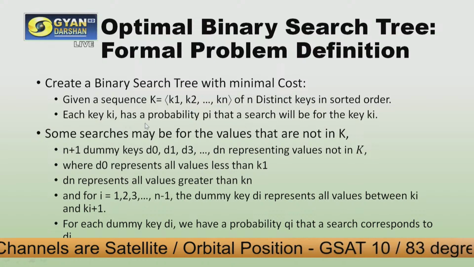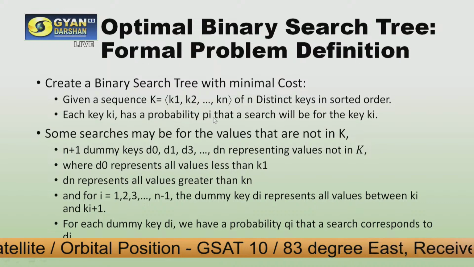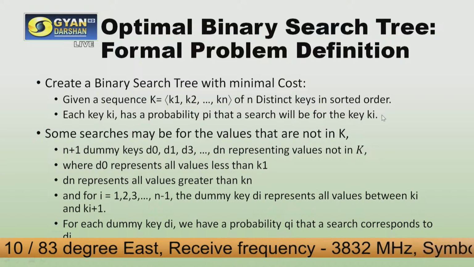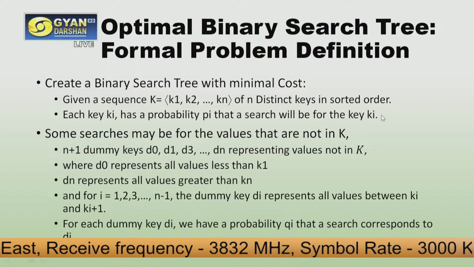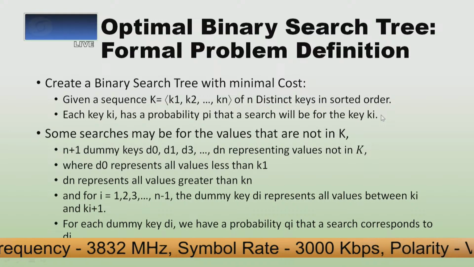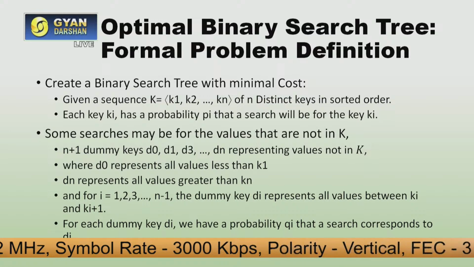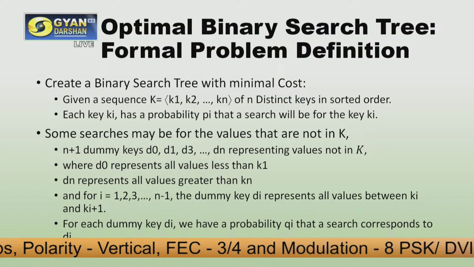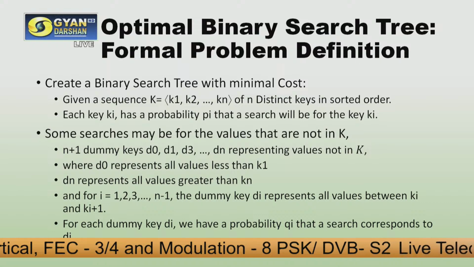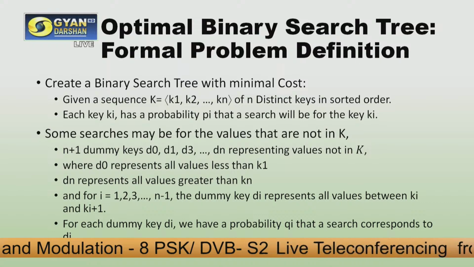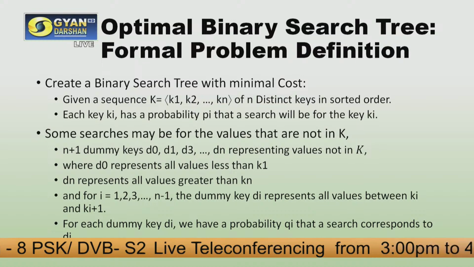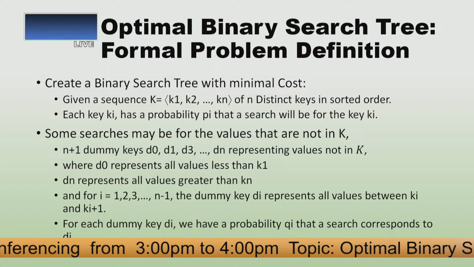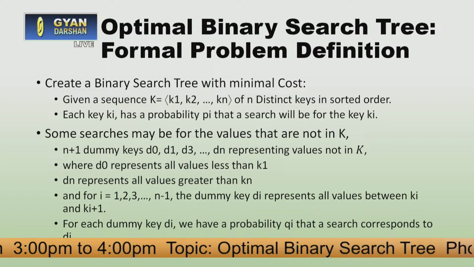Each key Ki has a probability Pi that a search will be for that key Ki. Suppose we are searching for 10, 20 and 30 and we make 10 searches. Out of that, 3 are for key 1, 3 are for key 2, 1 is for key 3, and 3 searches result in failures.